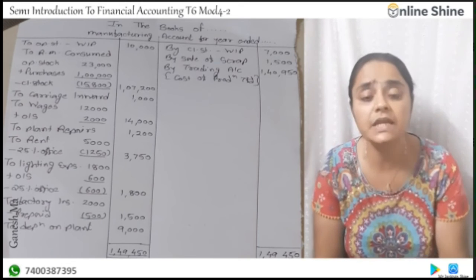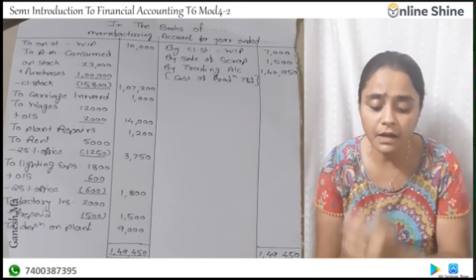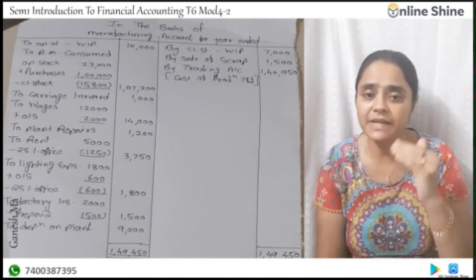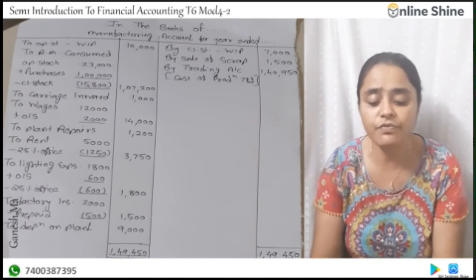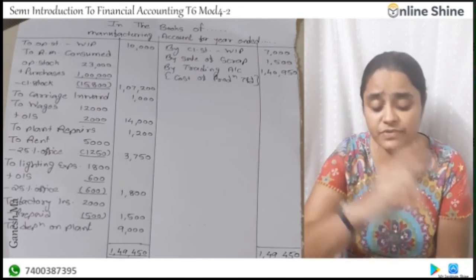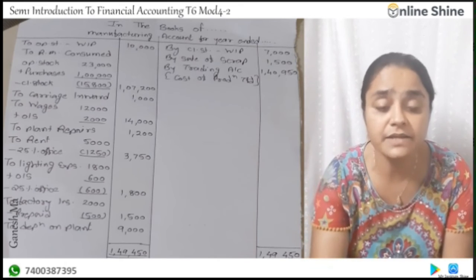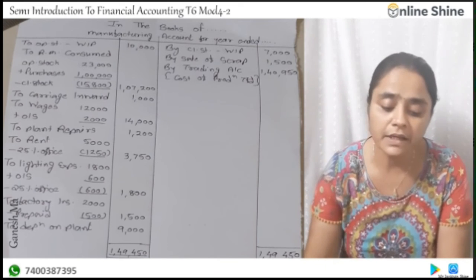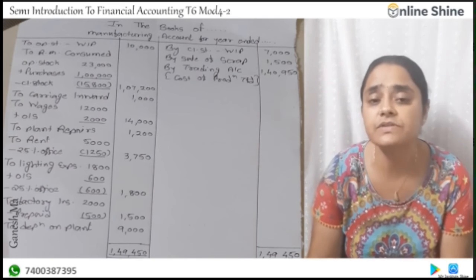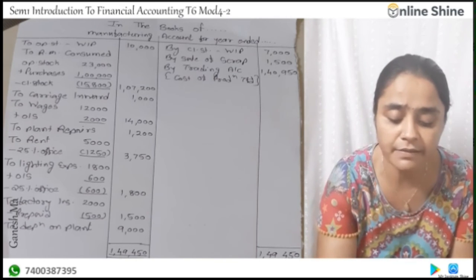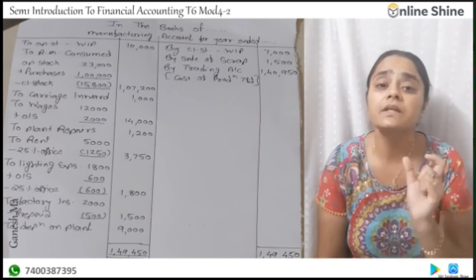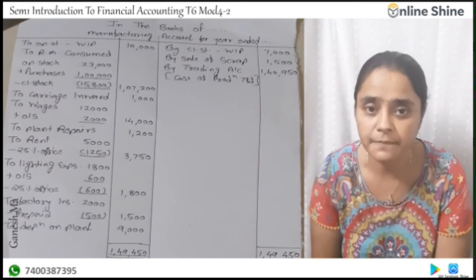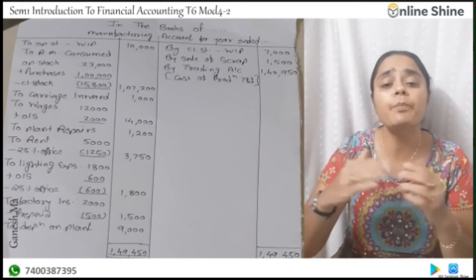So you can see in your manufacturing account, paid rent of rupees 5000. From that 25% is deducted, that is 1250. That 1250 I transferred to my P&L account as rent rupees 1250. And here, after deducting 1250 from 5000, the final rent in your manufacturing account is 3750. Understood?